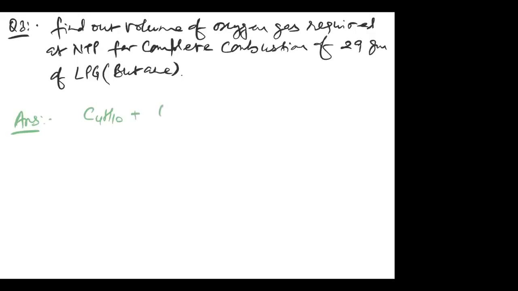And the meaning of combustion is its reaction with oxygen to give CO2 and H2O. To balance this reaction, you have to multiply CO2 by 4 and H2O by 5. And overall, the oxygen coefficient is 8 plus 5, which is 13, so it is 13 divided by 2.